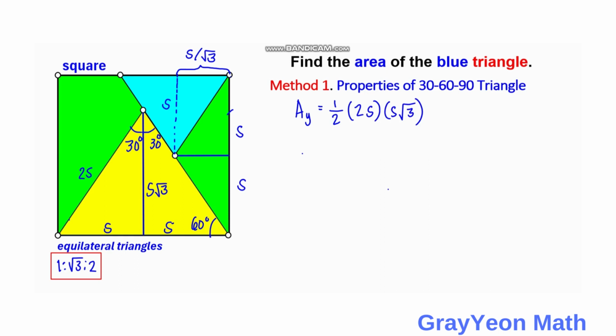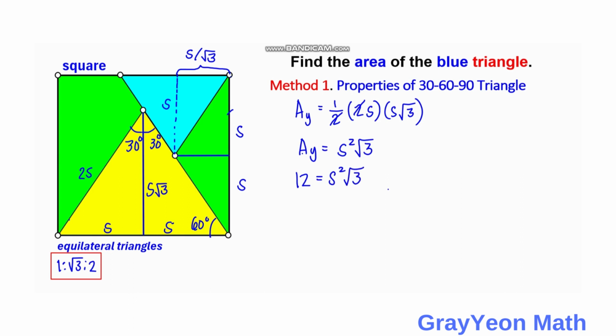If we simplify, this cancels out, and the area of the yellow is equal to s square root of 3. So 12 is equal to s square root of 3.